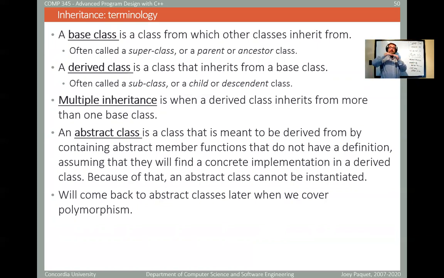So up in the graph, you have the base classes, and below in the graph, you have the derived classes. In C++, you can have multiple inheritance, compared to Java, where you cannot.